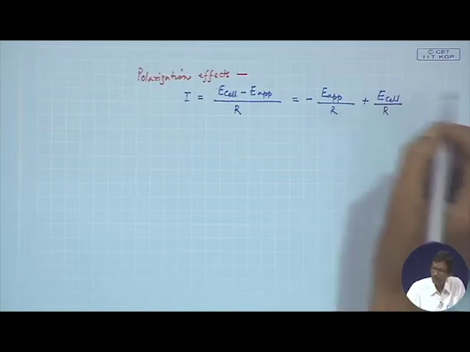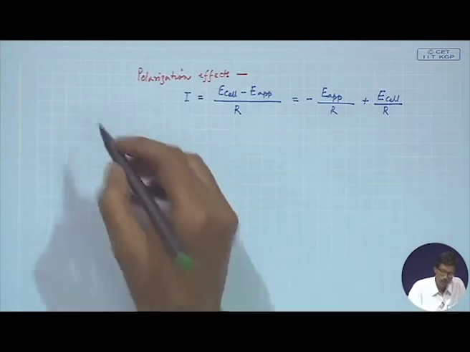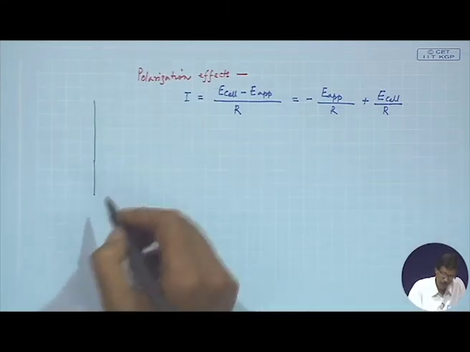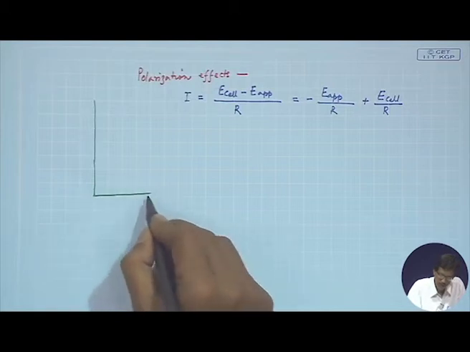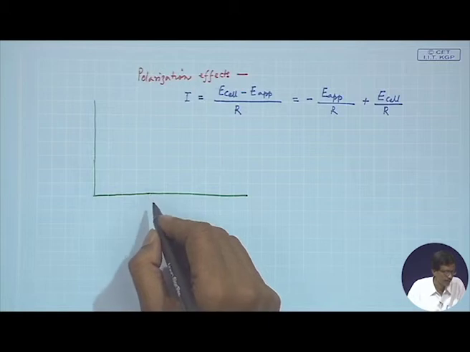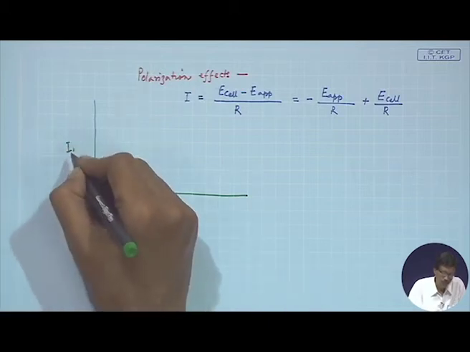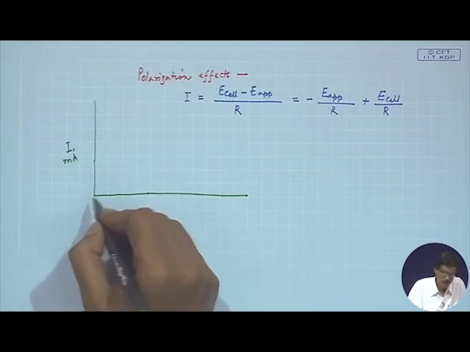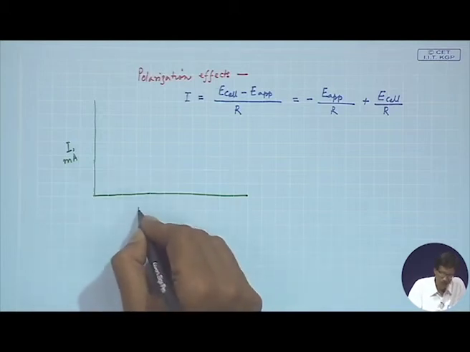divided by R. Now, what we want to do is plot it to see how the corresponding dependence varies if we monitor the current in milliampere against the corresponding E app.